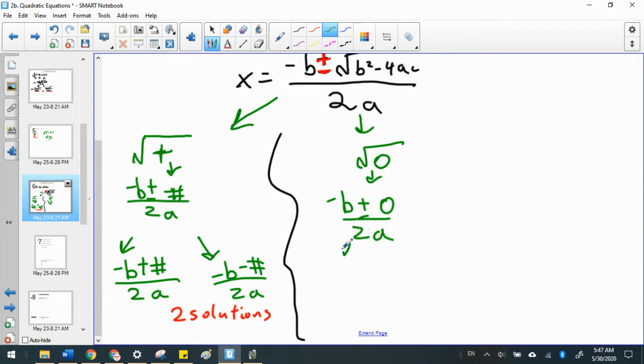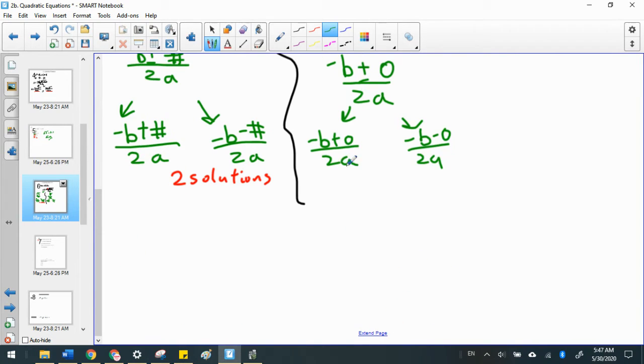And what happens now is that if you were to take the negative b and add the 0 and divide it by 2a, and you were to take the negative b and minus 0 divided by 2a, you'll notice that both these fractions end up just equaling the same number of negative b over 2a, which means that when what's inside the radical is a 0, you are dealing with one solution.